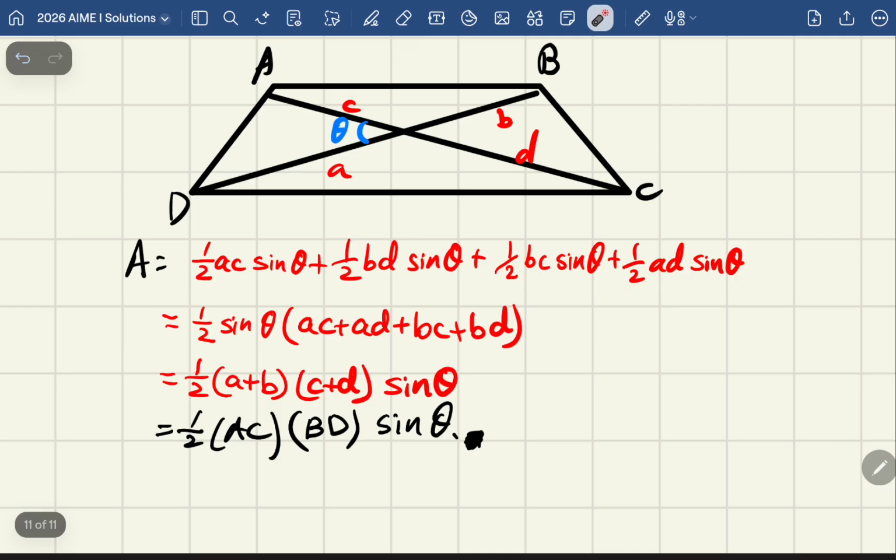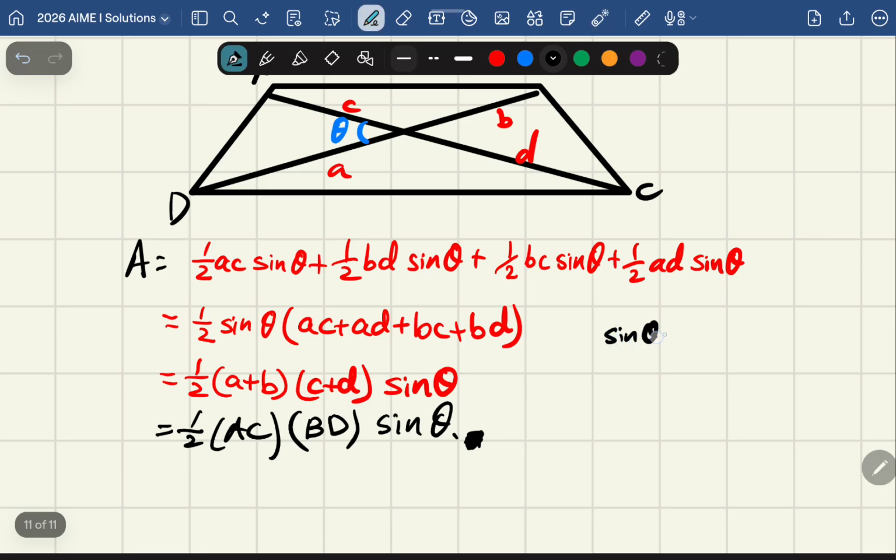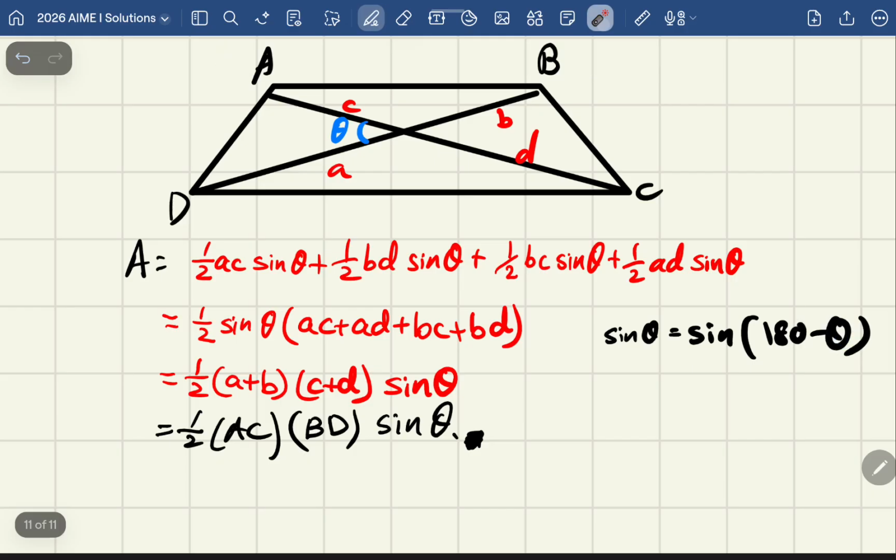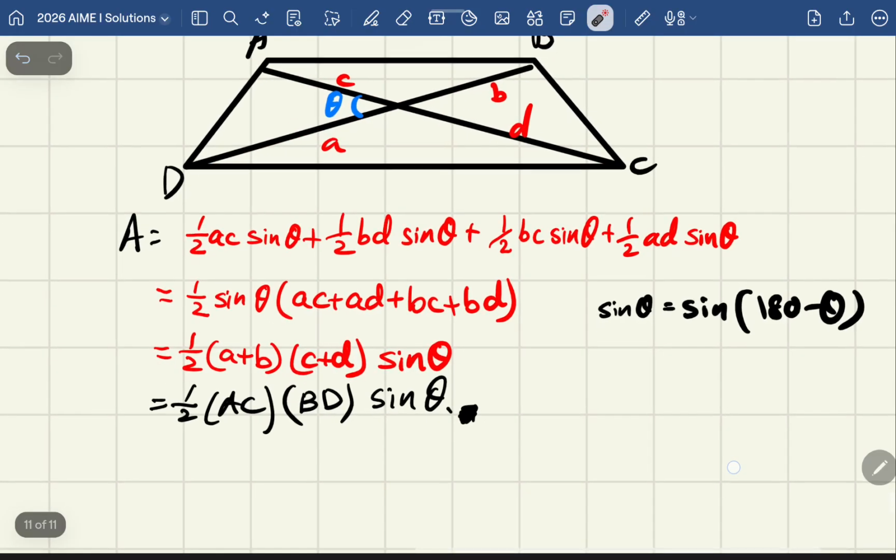And then if you combine those, also note that sine theta is equal to sine of 180 minus theta, so the sine of this is the same as the sine of that. And once you factor it, A plus B is exactly this diagonal, C plus D is that diagonal.